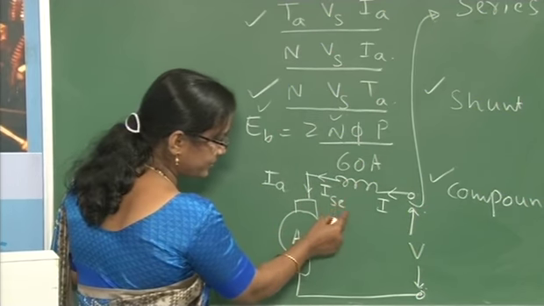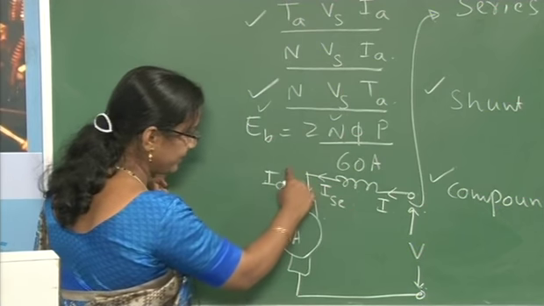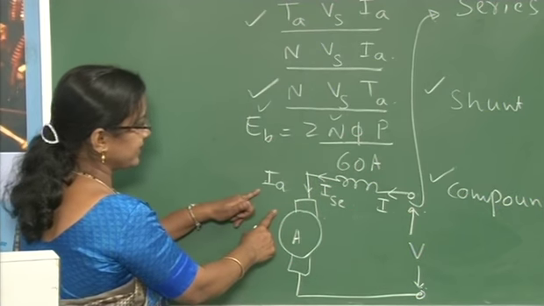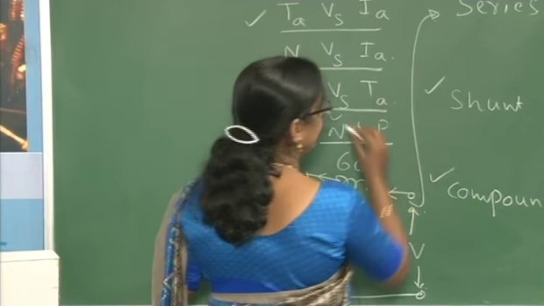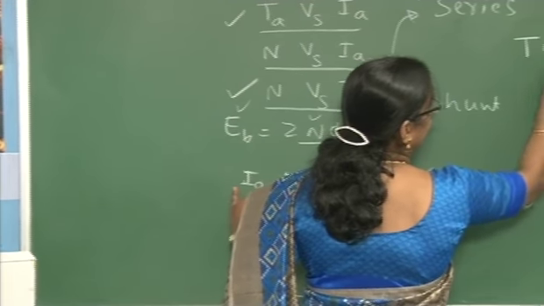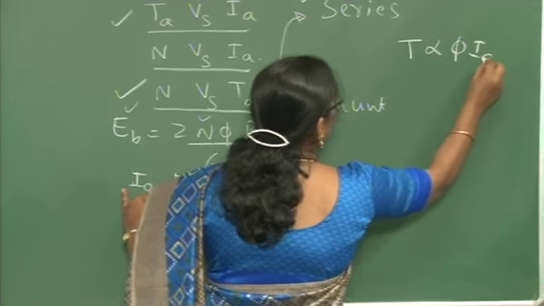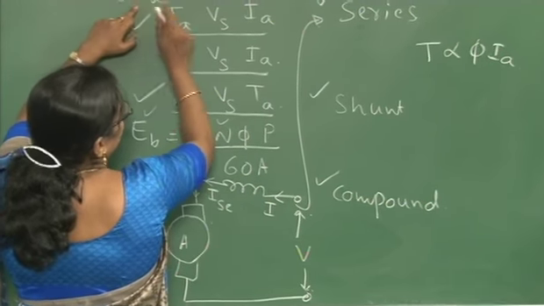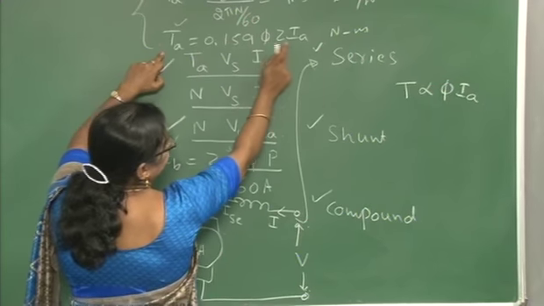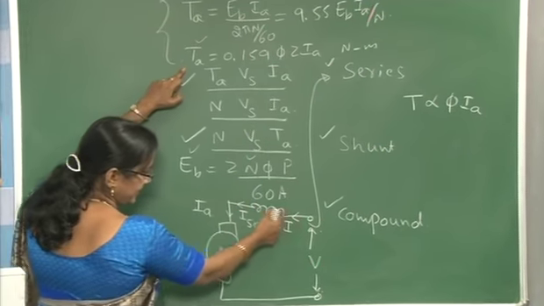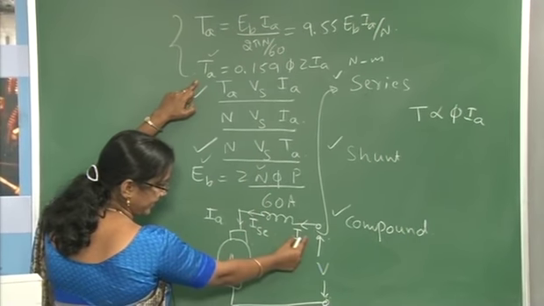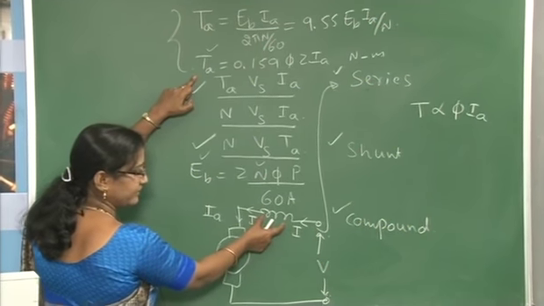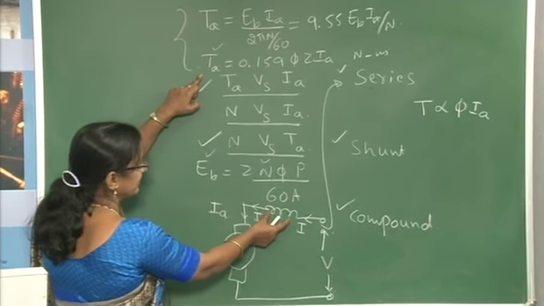There is the flux produced due to ISC and the current IA. Now torque is directly proportional to phi into IA according to this relationship. You see that TA is directly proportional to phi into IA. Since this is connected in series, as current I varies, the flux produced in this coil also varies.